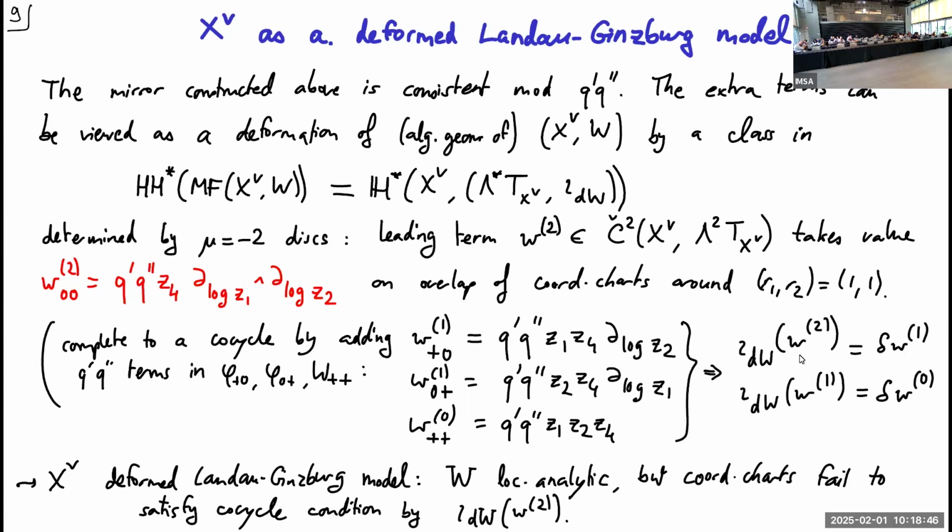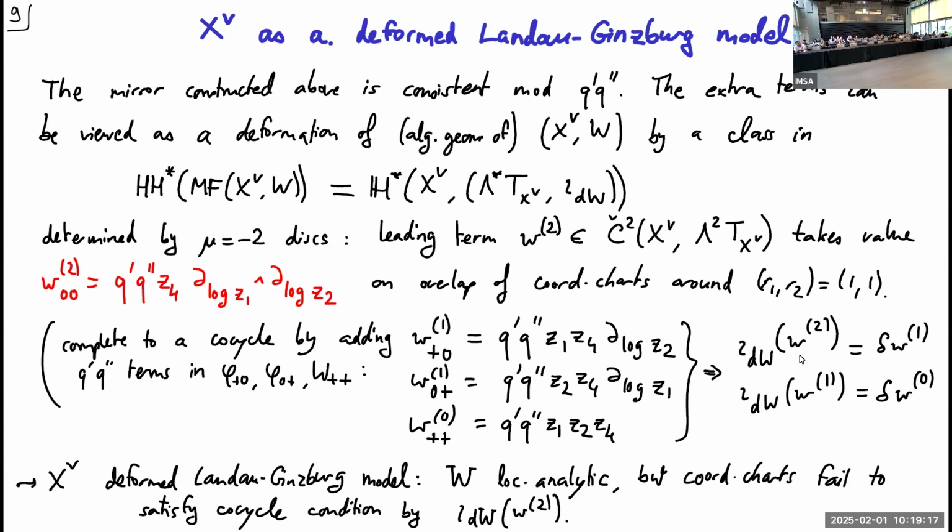I don't really want to explain how the bivector is set up just yet. That will come later in the talk, which might not make it into the hour. But the coefficient in front, Q prime, Q double prime, Z4, is exactly the weight of that stable Maslov -2 disk. So on the overlap of coordinate charts, you see this coefficient coming up as a bivector field.